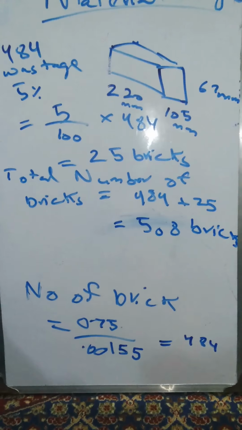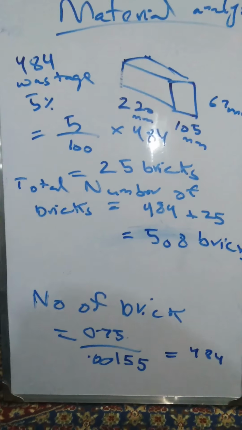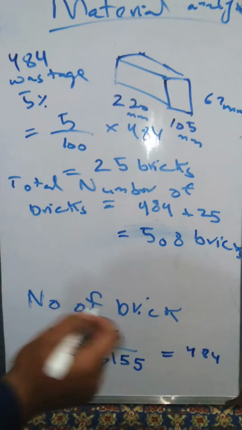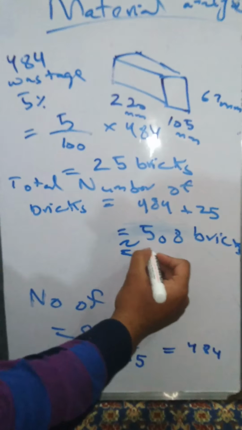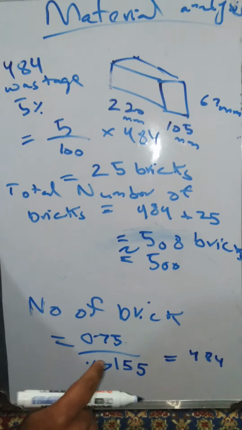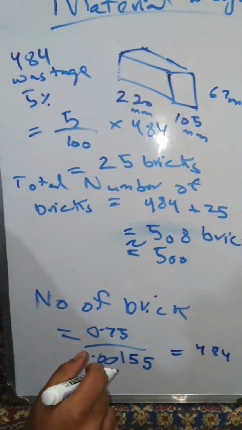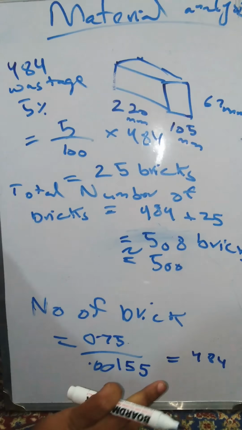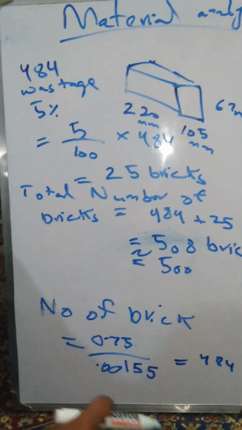As the total number of bricks is about 509, we would round it off to 500. So now we know the number of bricks for 1 meter cube would be 500. That's all for today, and we will join in your next lecture.